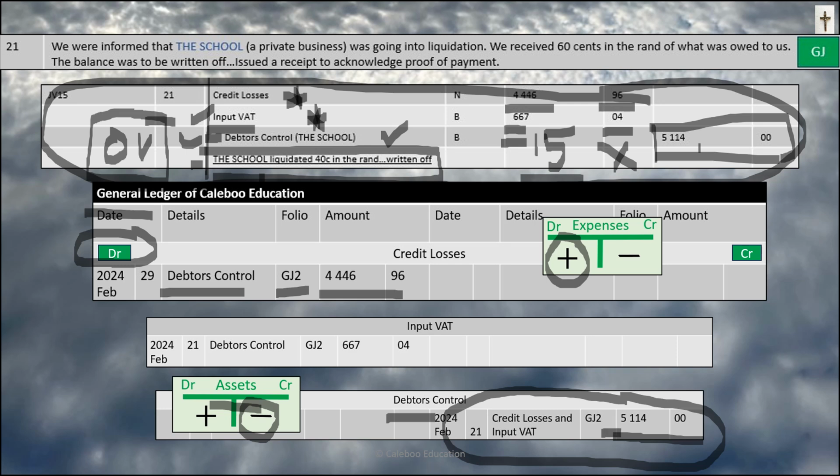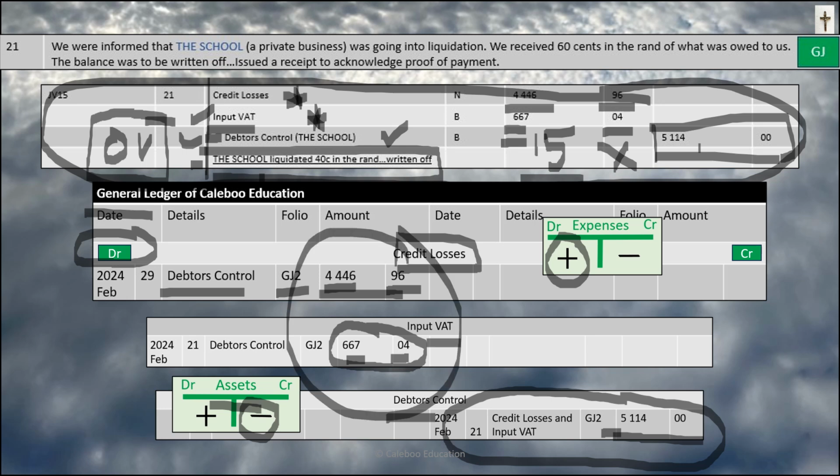The 5114 is the full amount, made up of the bad debt, 4446 and 96, and to reverse the output VAT, remember input VAT was debited, increase in assets, 66704.